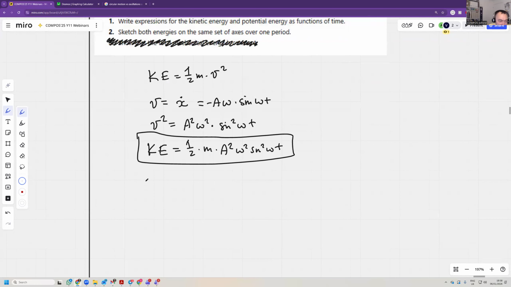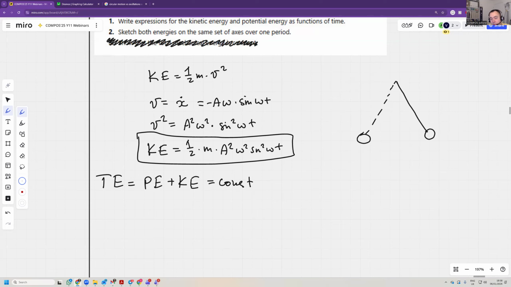So potential energy plus kinetic energy is constant because that's called the total energy. Therefore, we want to know how much total energy there is. So imagine an oscillating system. Imagine a pendulum that goes swingity swing, right?